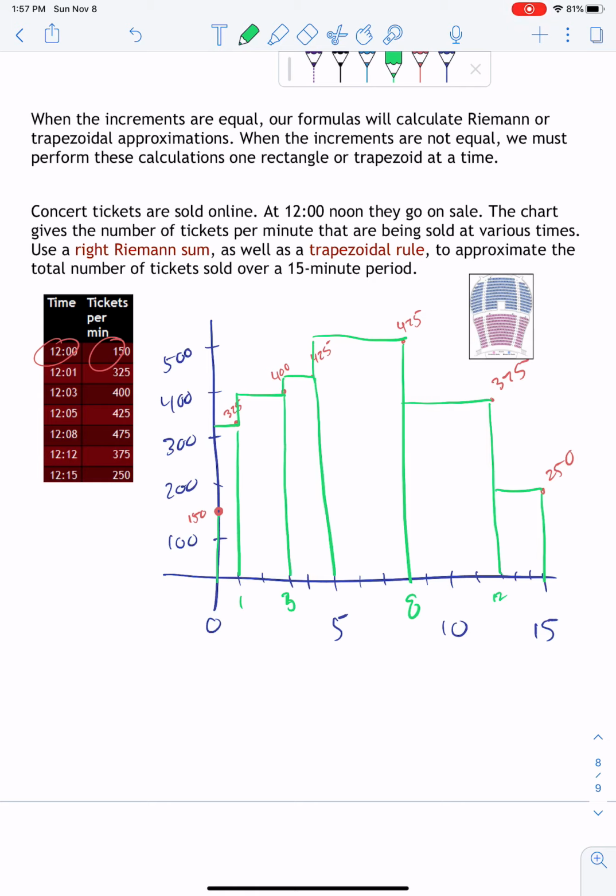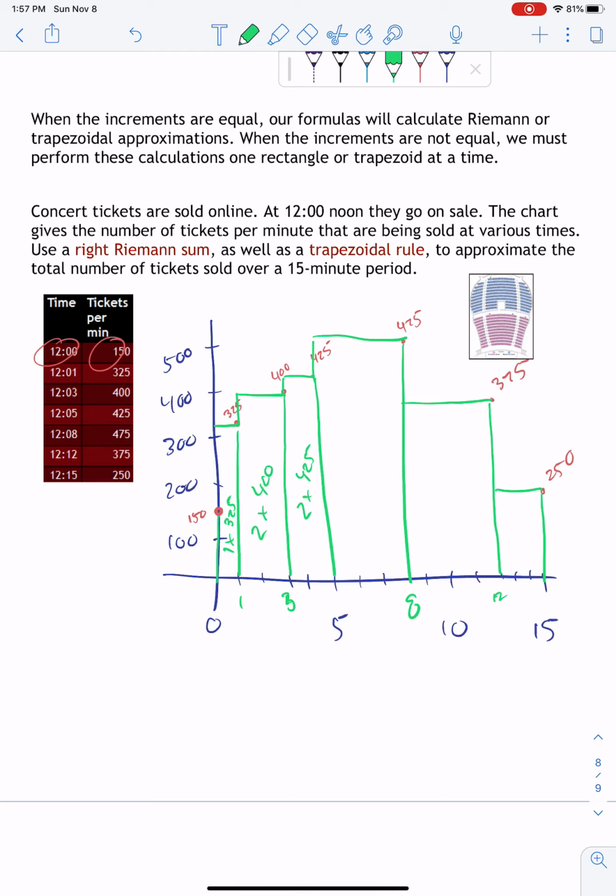So all of these rectangles, they are not the same width. Okay, this first rectangle right here is 1 by, how tall is it? 325? It's 1 wide, it's 325 tall. My second one is 2 wide, and it's 400 tall. My third rectangle is also 2 wide, but it's 425 tall.